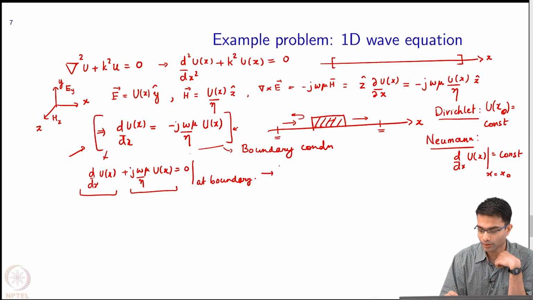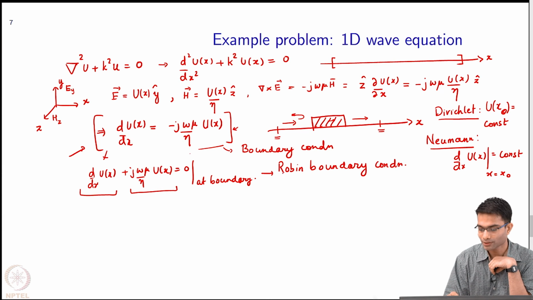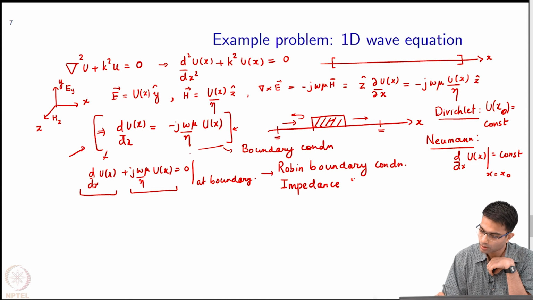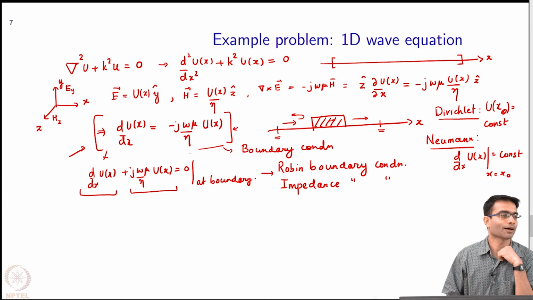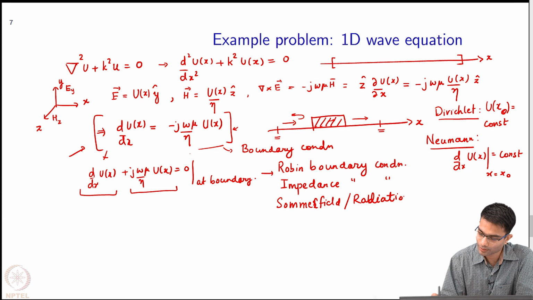It's called a Robin boundary condition. Another set of people call it an impedance boundary condition, and there are many names: Sommerfeld, some people call it a radiation boundary condition, and so on.